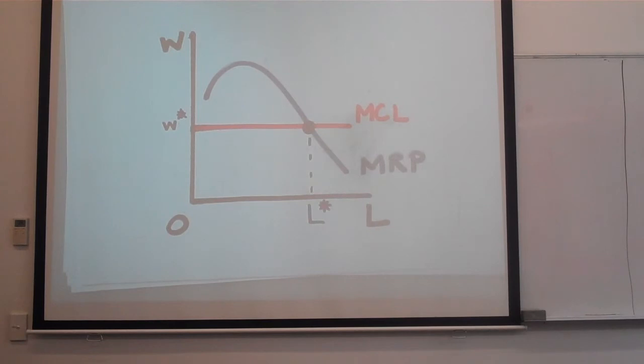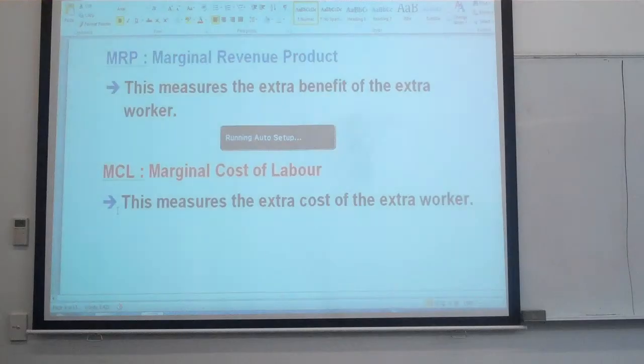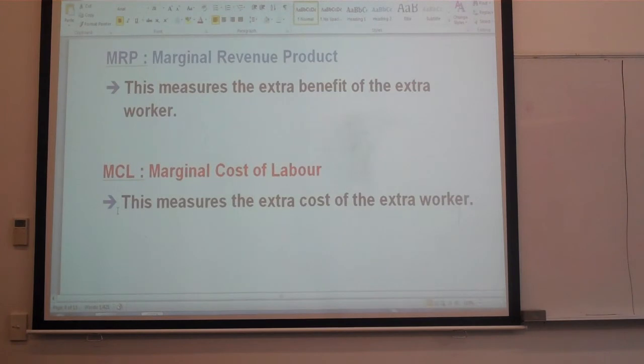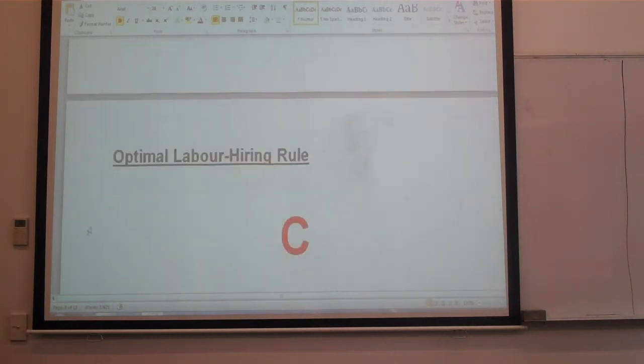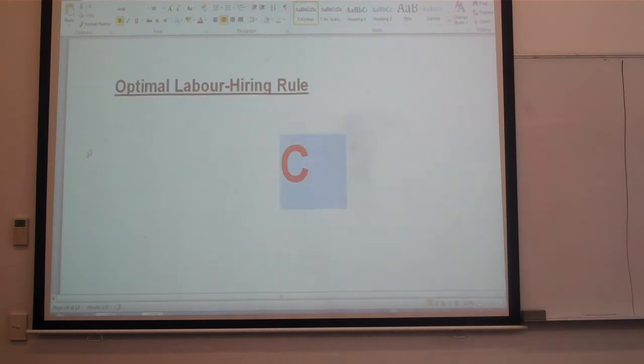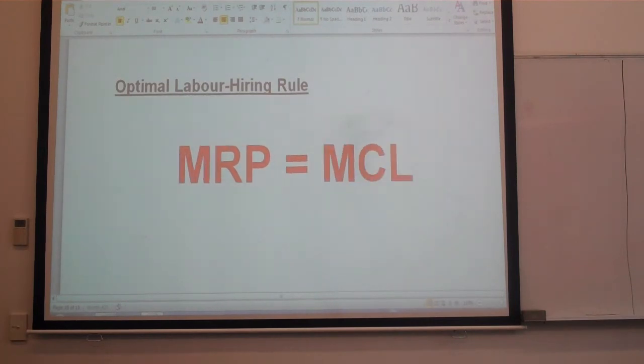So, just to summarize, MRP stands for marginal revenue product. This measures the extra benefit of the extra worker. MCL is the marginal cost of labor. This measures the extra cost of the extra worker. The optimal labor hiring rule is that the firm will keep hiring labor until MRP equals MCL.